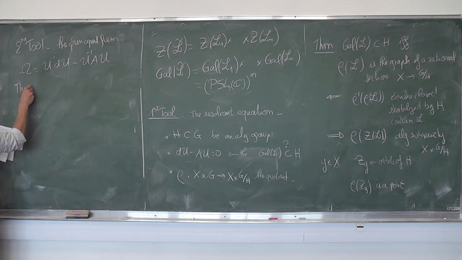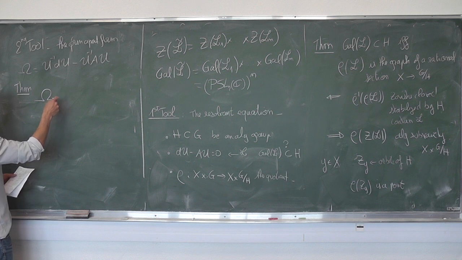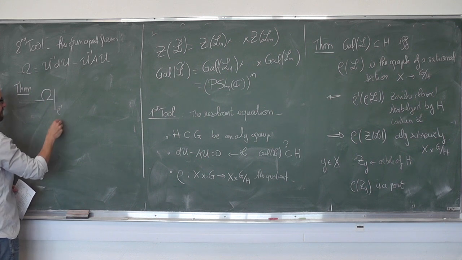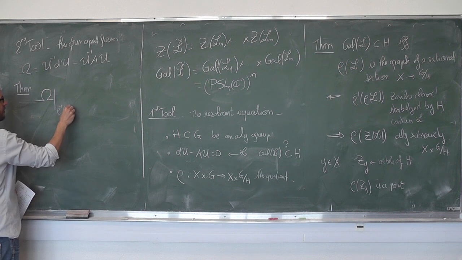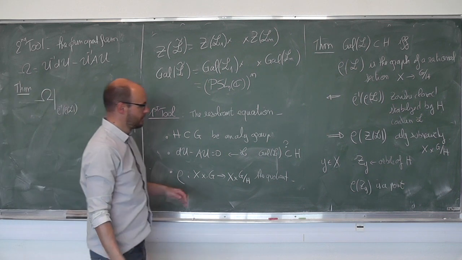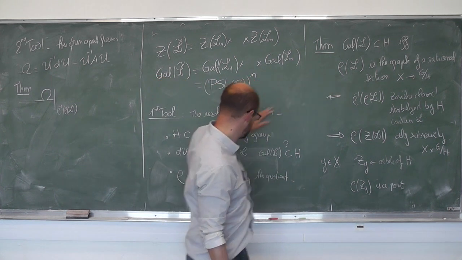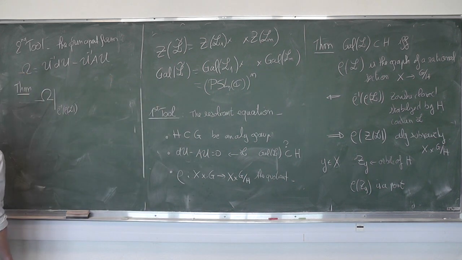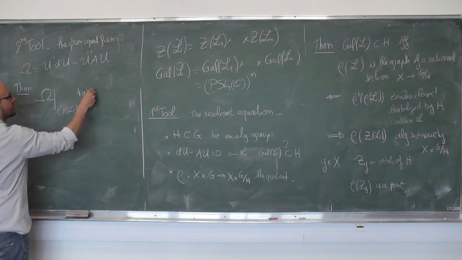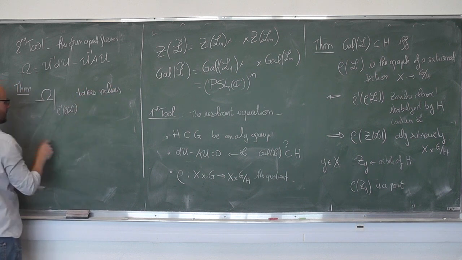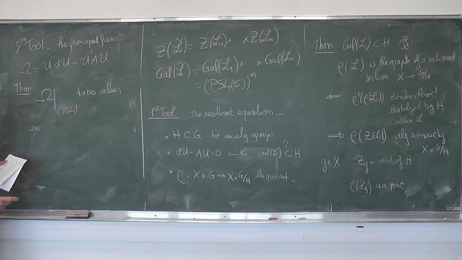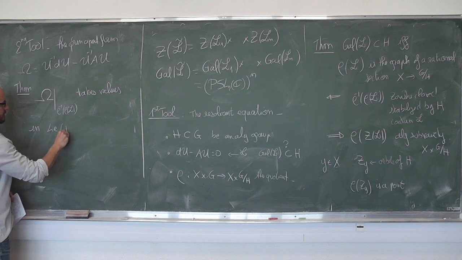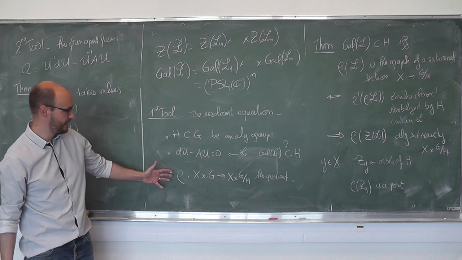And so the theorem we have here is that if you take omega and you restrict this omega to the manifold rho minus 1 rho of L, then it takes values in the Lie algebra of H.